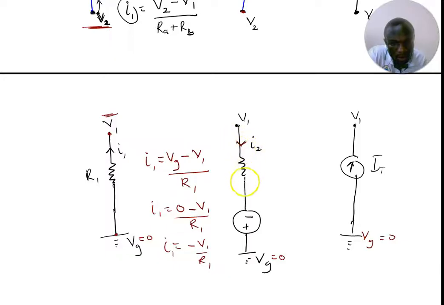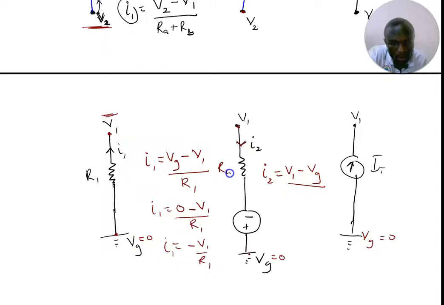Let's look at this. So if I want to find the I2 current, right? The I2 current is basically going to be what? The starting point, which is V1, minus the ending point, minus Vg, all on the total resistance.